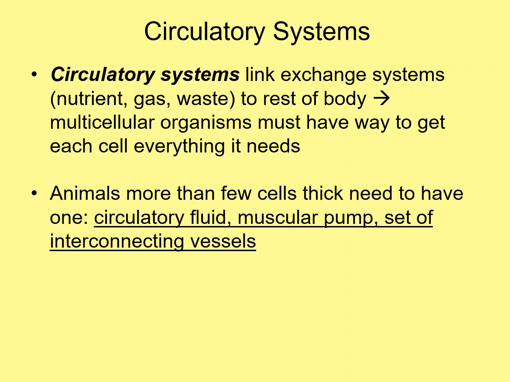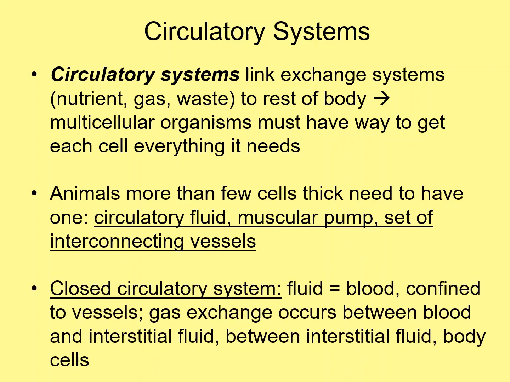And of course, animals that are more than a few cells thick have to have some sort of circulatory system. In some animals, this is an open circulatory system, so it's basically just fluid that sloshes around and moves things around that way.